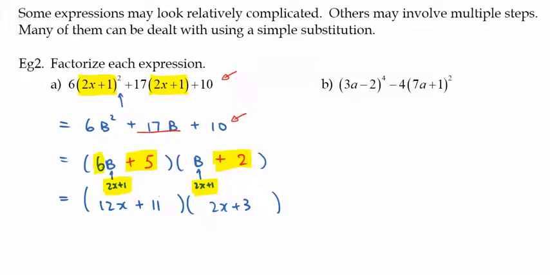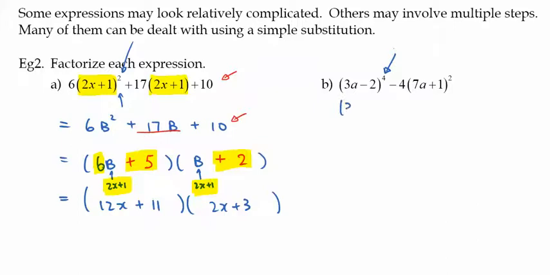Now some of you will probably try to expand the perfect square and then group the like terms together, come up with a trinomial, and factor your trinomial from there. Can you do it that way? You can do it this way for example 2a, when the questions are still relatively simple. But if I get to work with a fourth power, you probably don't want to expand it that way.